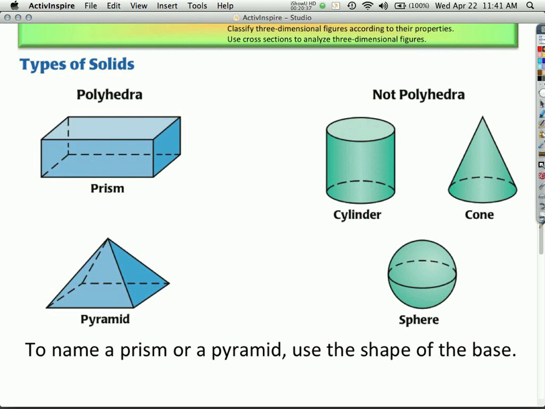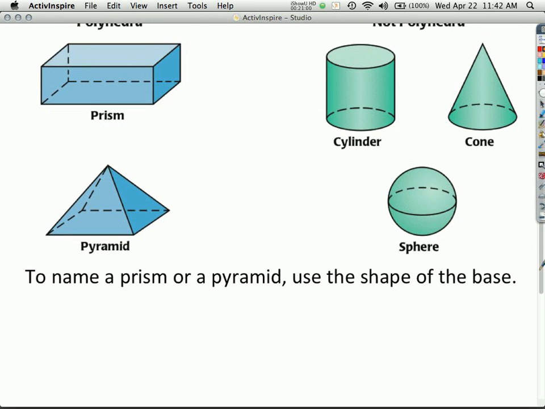To name a polyhedron, you can name it as a prism or a pyramid, and you use the shape of the base in addition to that. So, for example, this is not just a prism, but this would be called a rectangular prism. This is not just a pyramid, but this would be called a rectangular pyramid. Any questions about that?